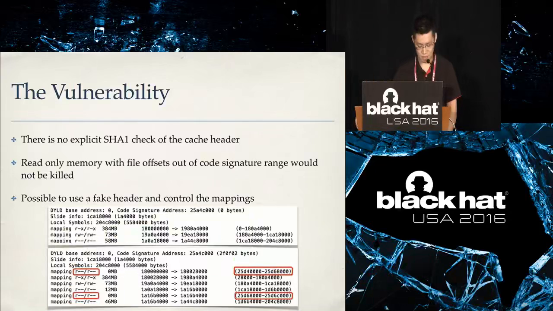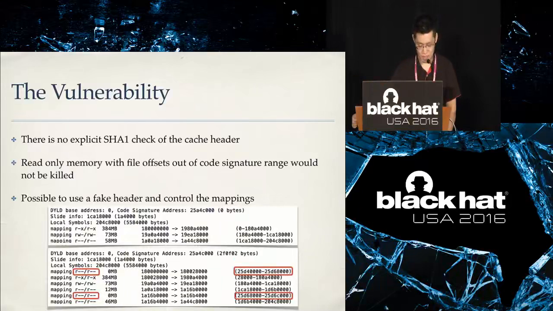We noticed that the fake header points at the end of the file. We appended the fake header at the end of the file, which has no code signature, but that's fine because it's read-only memory. The kernel thinks, okay, read-only memory, no signature, it will just let it go.